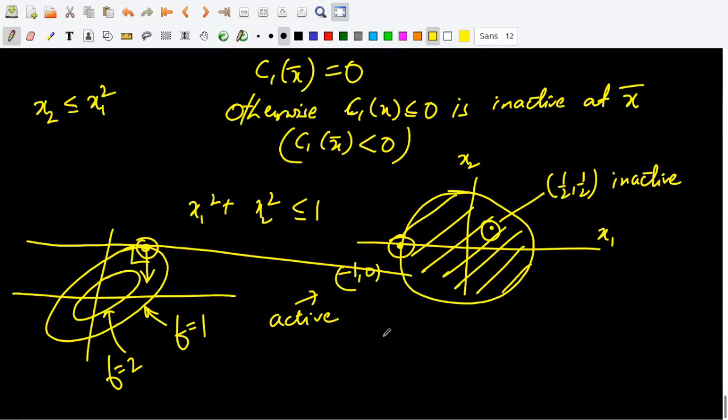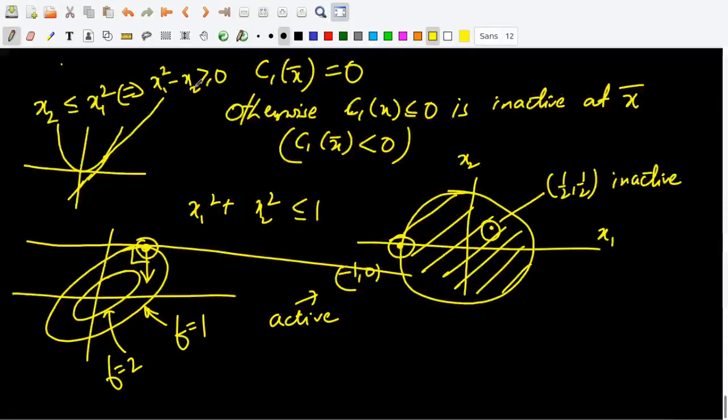So to plot the feasible region, I can draw this curve, and at any point we can draw the tangent, and this curve in the standard form would be x1 square minus x2 greater than or equal to 0.